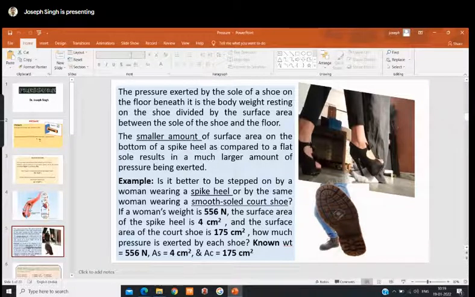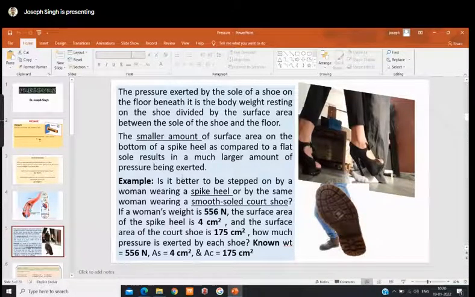So there's a smaller amount of surface area on the bottom of the spike heel as compared to the flat sole, resulting in a much larger amount of pressure exerted. One more example: it is better to be stepped on by a woman wearing a spike heel or by the same woman wearing smooth court shoes?